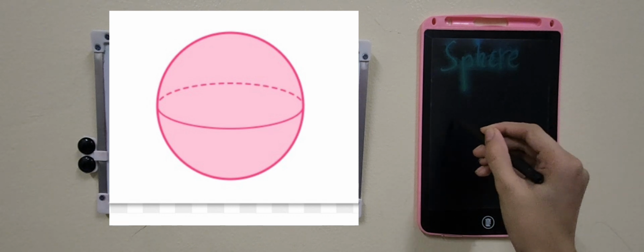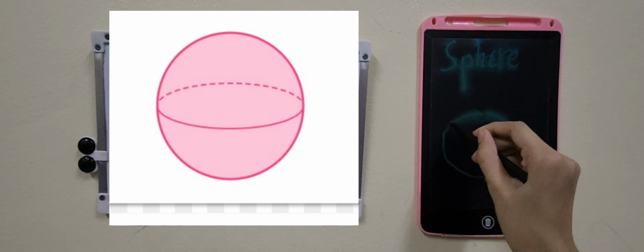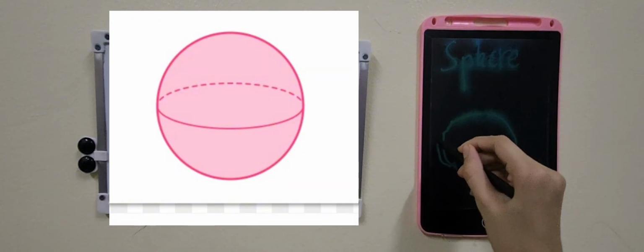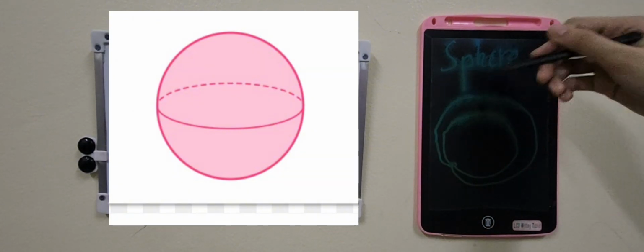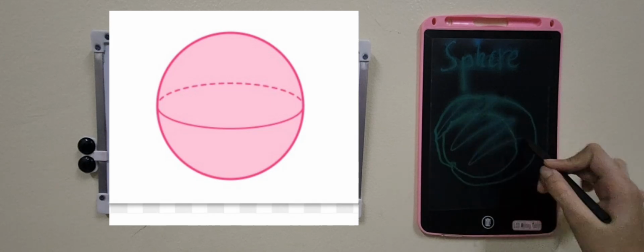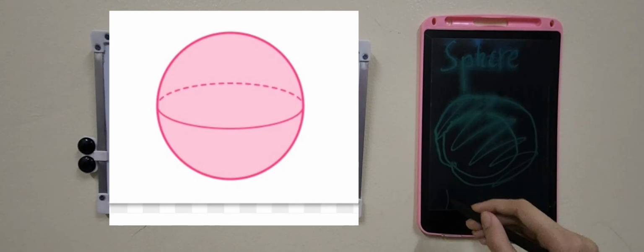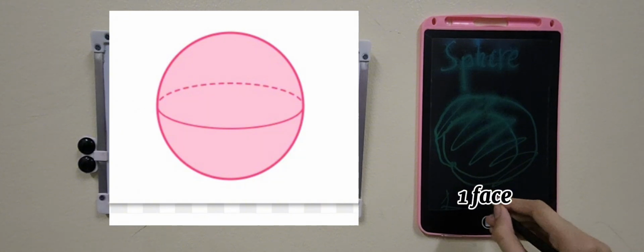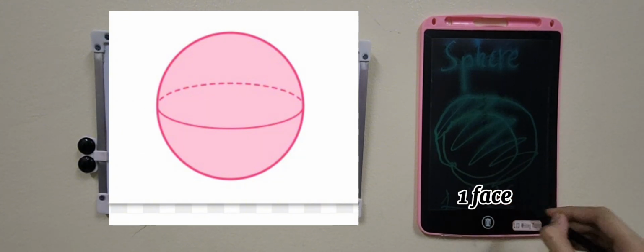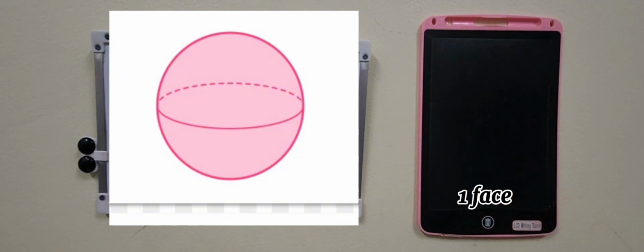We're going to try making a sphere over here, and also put the picture. So this is the 3D part of it, and this is all only one face. So we could say a sphere has no edges, no vertices, and one face.